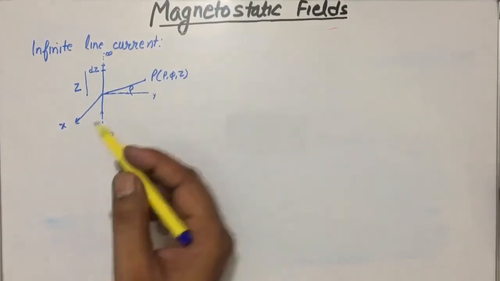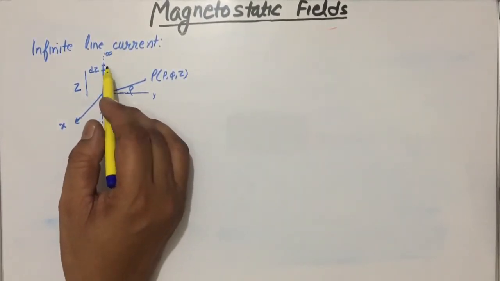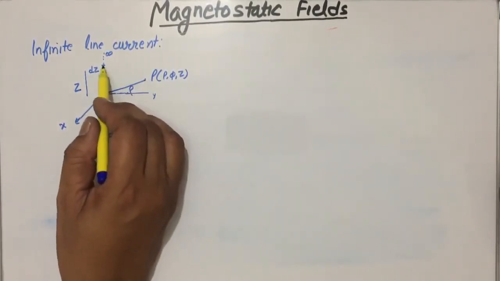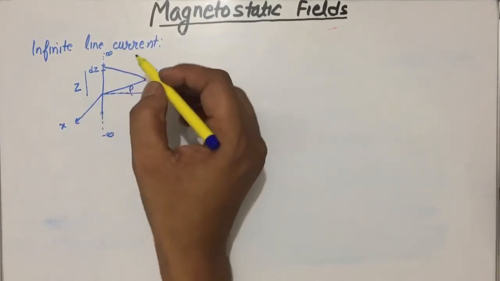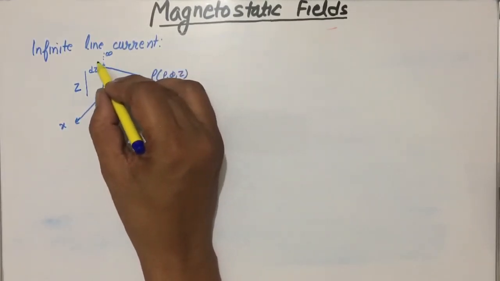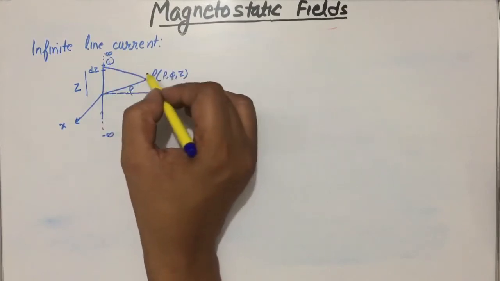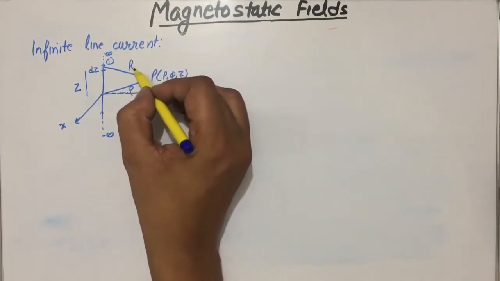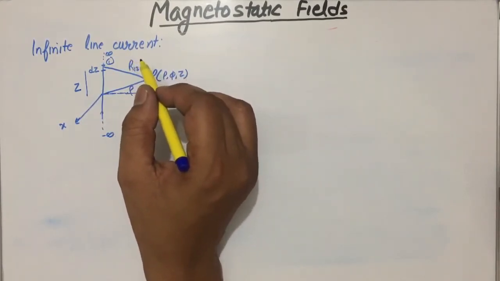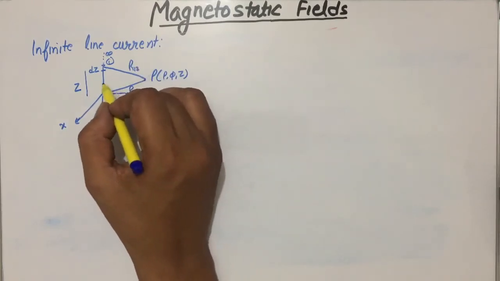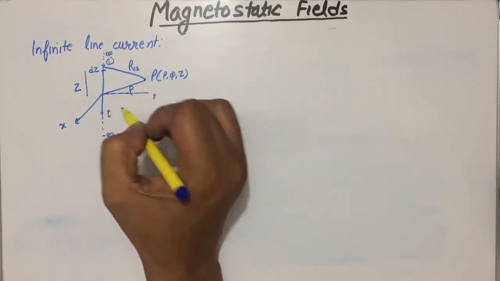The vector from the differential element to P is R12, and the current flowing is I.